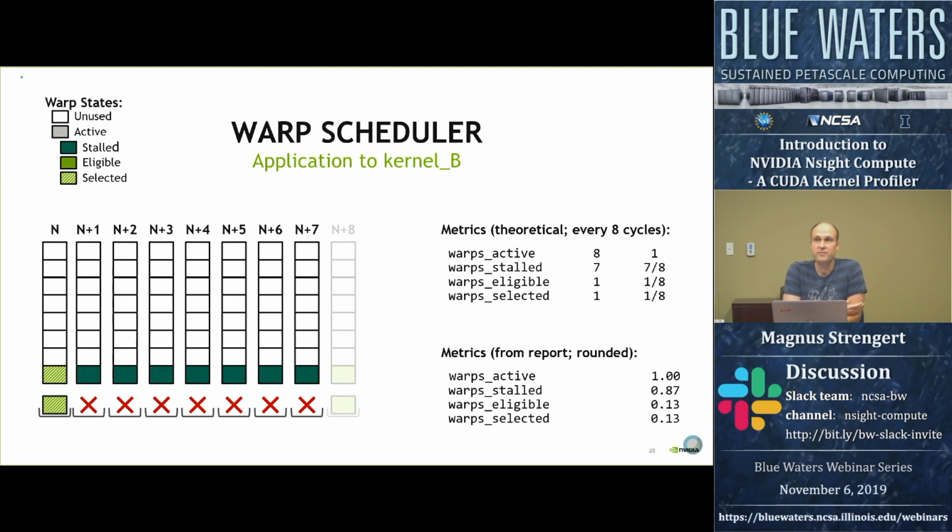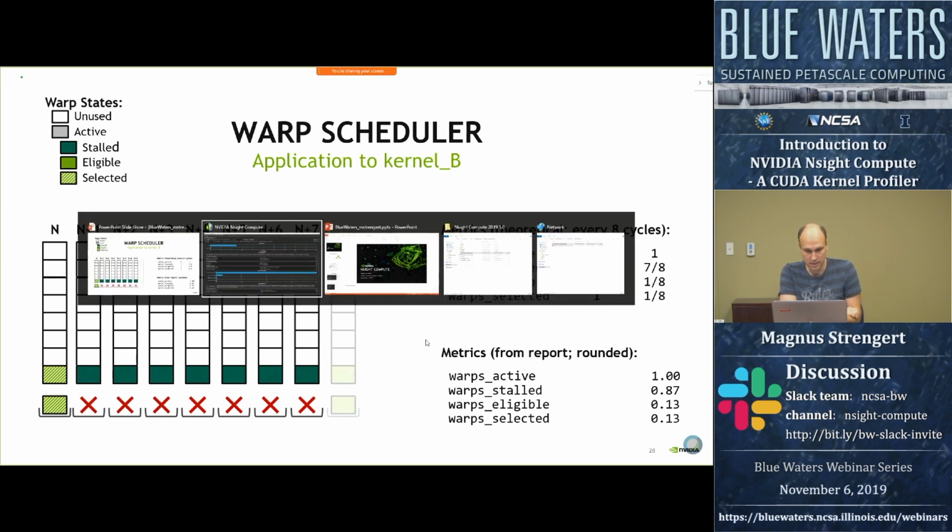Stalled is 7/8 pretty much because we only issue every, or we have 7 out of 8 times that the warp is stalled. 1 out of 8 times that warp is eligible, and in that one cycle it's also selected. So the values that come out in the report directly match what we have on the slide.